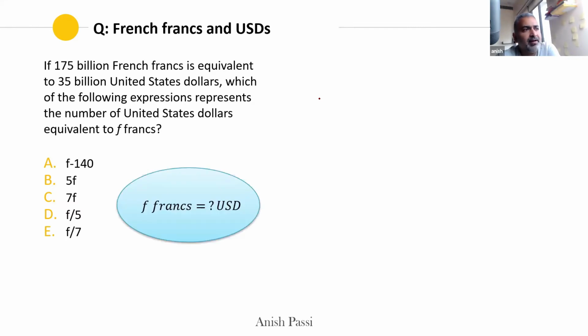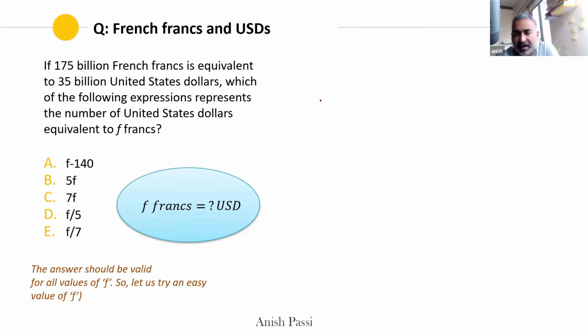Now, we can pick numbers. Why can we pick numbers? Let's understand that. What does this F represent? F is some variable. F would have some value. It could have any value right now. We don't know. However, the thing to understand is that the answer will not change based on the value of F. It's not like if I give 100 francs, then I will get 100 divided by 5 back, but if I give 200 francs, then I'll get something else back.